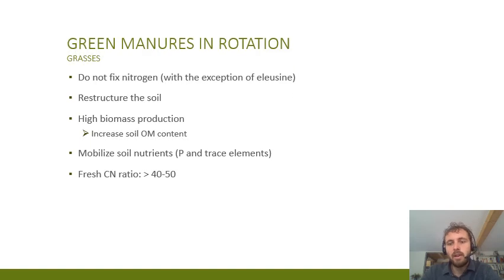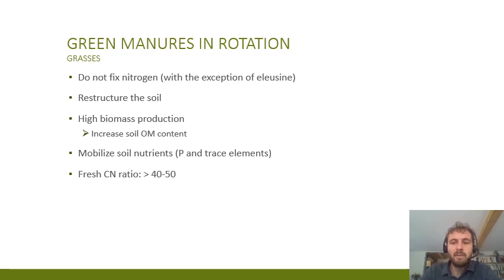Okay, then you can also use grasses as green manure. You do not need to use only legumes that fix nitrogen. If you use grasses, of course, they will not fix nitrogen, with the exception of eleusine that we'll talk about. But first of all, they will restructure the soil. Then they will create a high biomass production, a lot more than legumes.